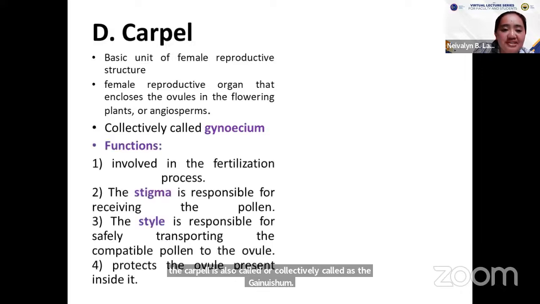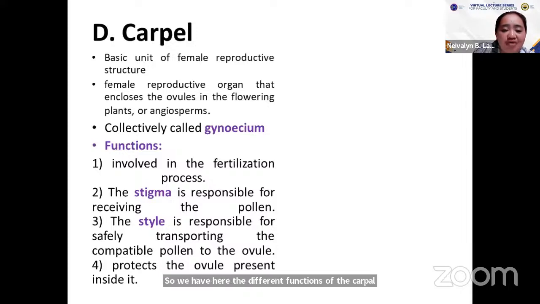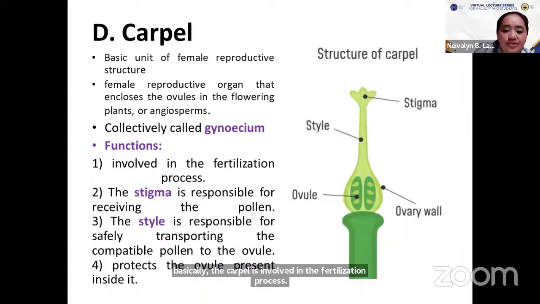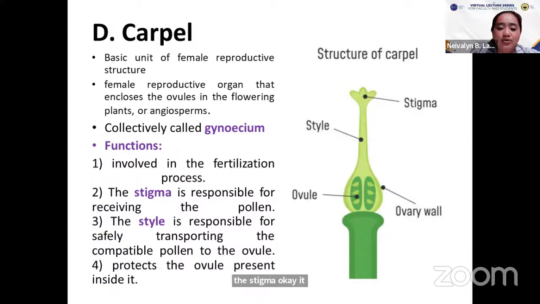So we have here the different functions of the carpel. Basically, the carpel is involved in the fertilization process. The carpel also contains the stigma. And what is the stigma?